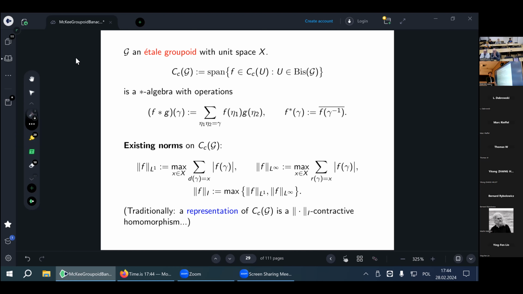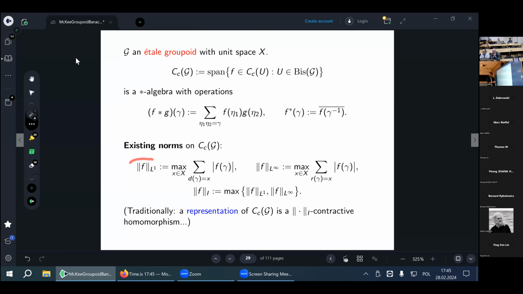So this norm is the maximum of these two things. Maybe I should have labeled them by D, the D norm, and R, the R norm. But they arise in the L1 and L infinity context in our paper. Could you explain why for D you have L1 and for R you have L infinity? That's how they're usually labeled, but in our paper we find them when working on L^p spaces, and we represent them on L1 spaces.